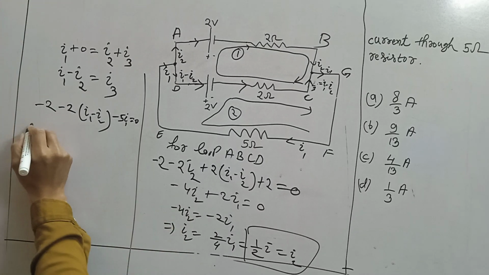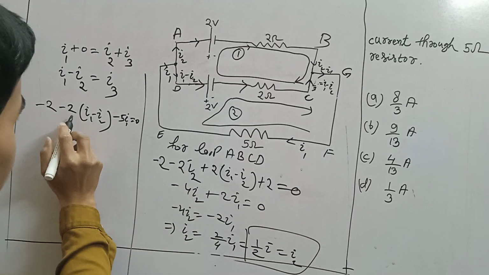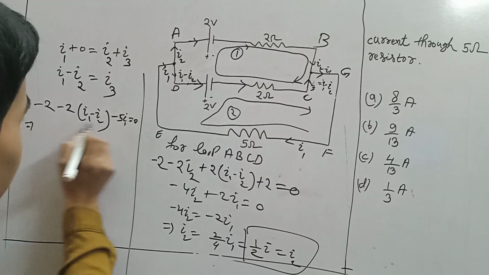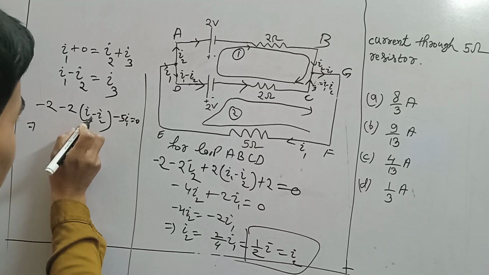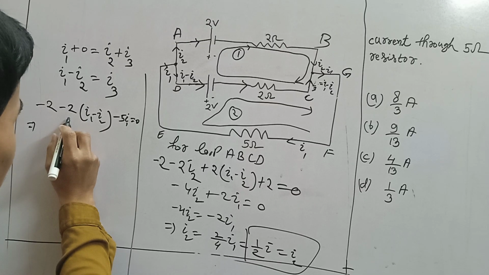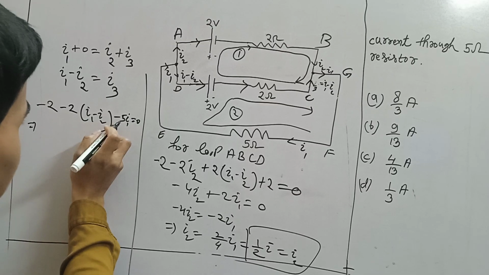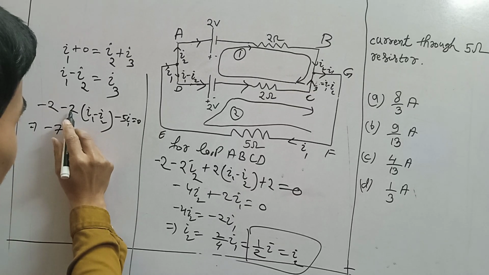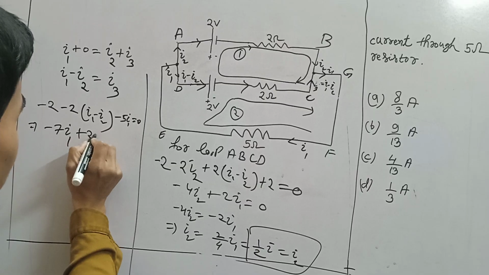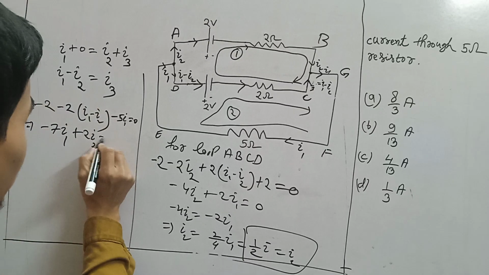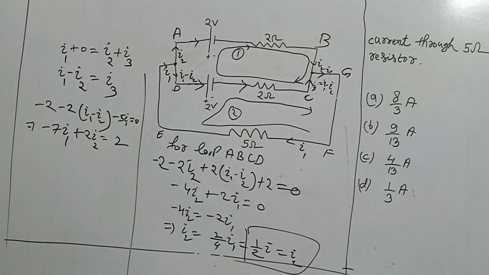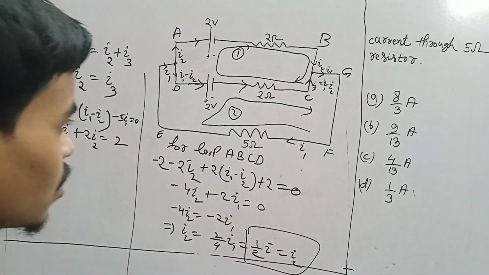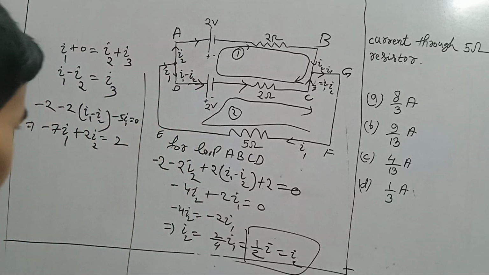So minus 2I1, and minus 5I1, this is minus 7I1, plus 2I2, and here positive 2. So we put this value, and we have to find what actually I1 is. So in I1 we have to replace I2.